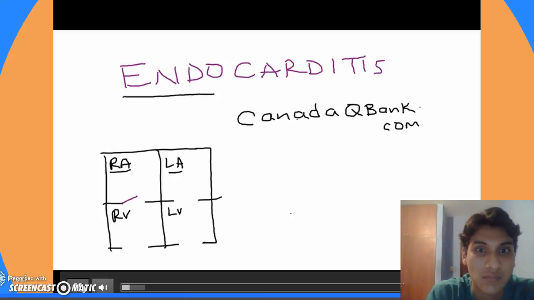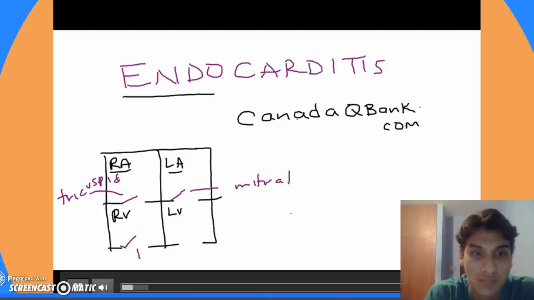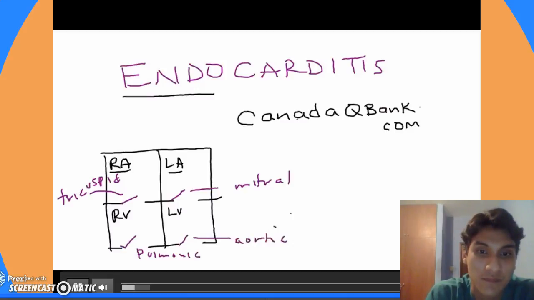So this one here is your tricuspid. This one here, of course, is the mitral valve. This one here is the pulmonic valve. And finally, that one is aortic. And these valves allow blood to flow from one chamber to another, and they open and close. Now, the problem is that sometimes these valves can become infected with bacteria, and when that happens, it's endocarditis.